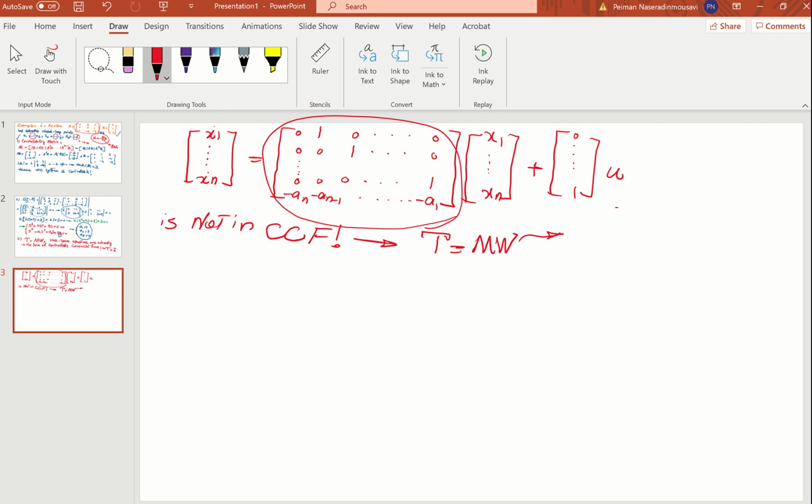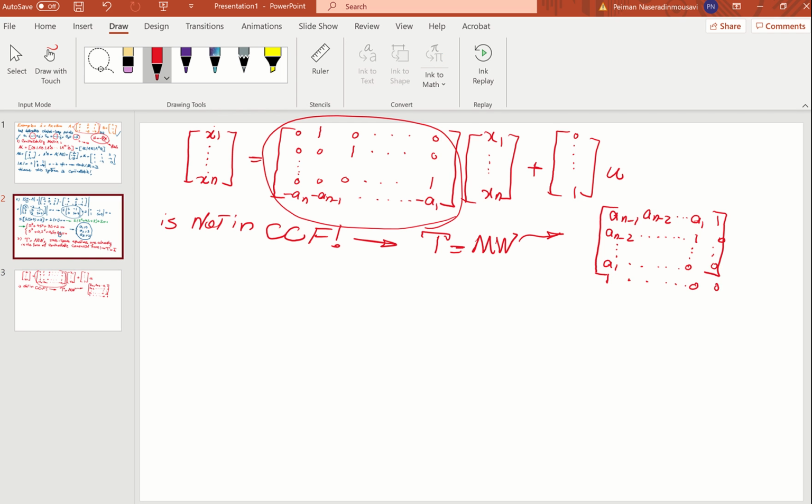And I said W, based on the an's that you found, is like this: an minus 1, an minus 2 until a1, then an minus 2 comes down here to 1, 0, and then this comes down, and then a1 finally 0 and 0, and finally you're going to have 1, 0 and 0.